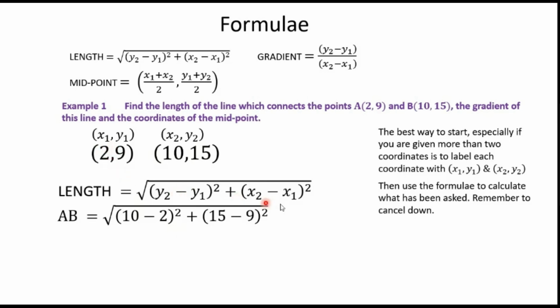We realize the difference with the X's and the difference with the Y's. This is not substituted correctly in terms of what's here, but the answer will still be the same. In other words, the square of 15 minus 9 should be up here, and the square of 10 minus 2 should be on the other side over here.